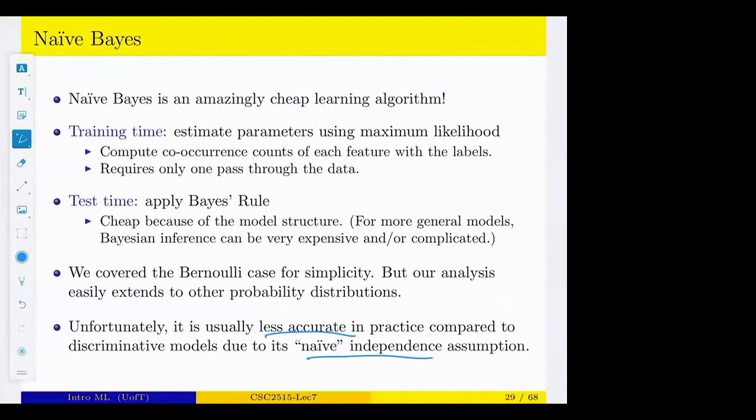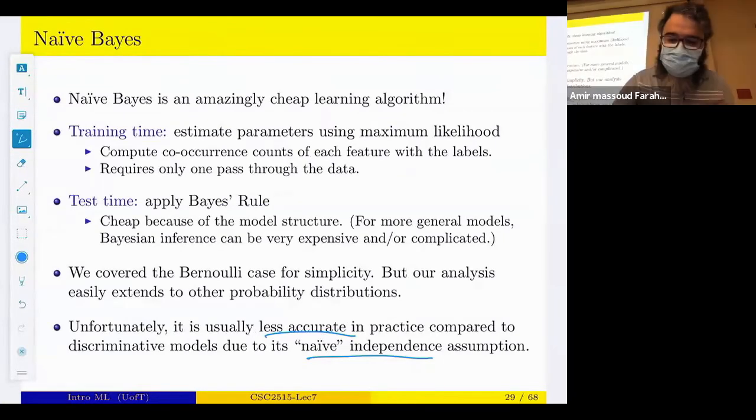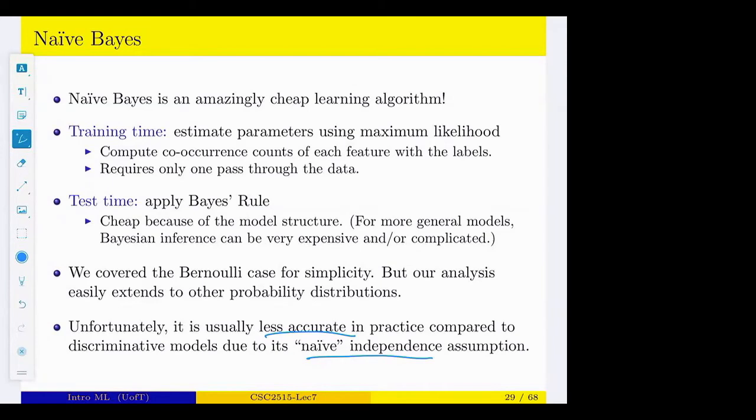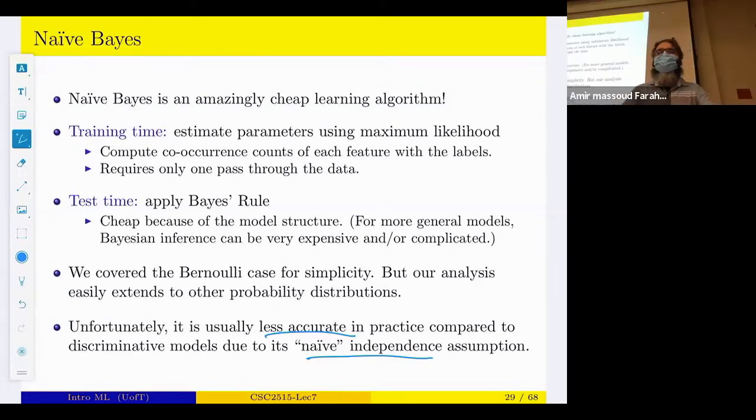Was there a question? Yes. In what cases do we prefer generative classifiers over discriminative? Okay, that's a good question.